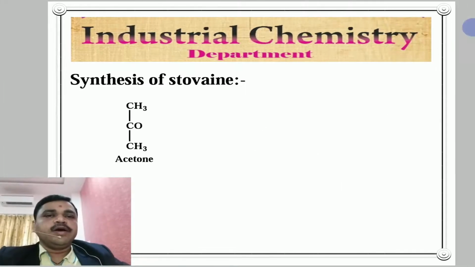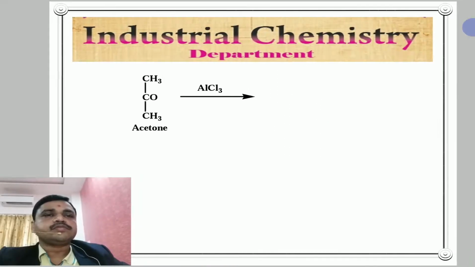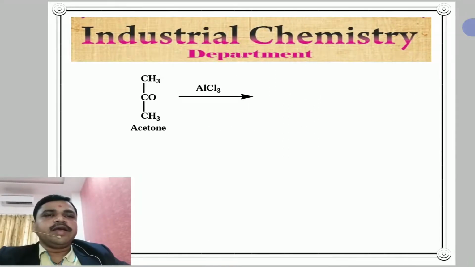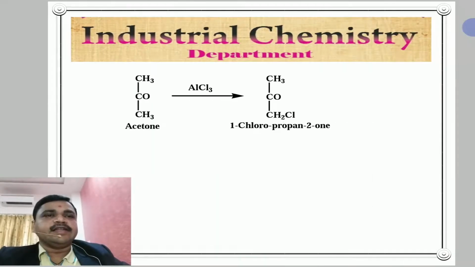Now, our last compound for this class and this lecture: Stovaine. Synthesis of Stovaine. Stovaine is synthesized from acetone. This acetone is treated with aluminum trichloride, AlCl3.